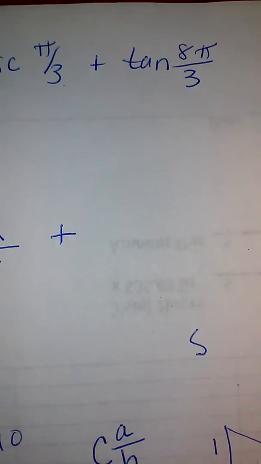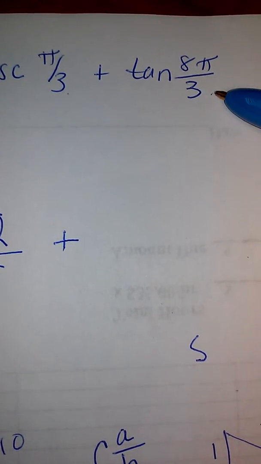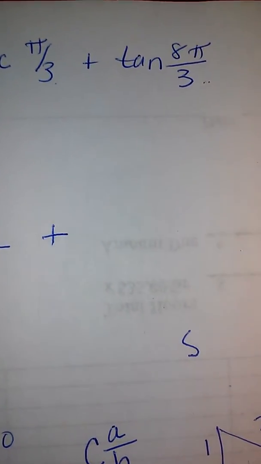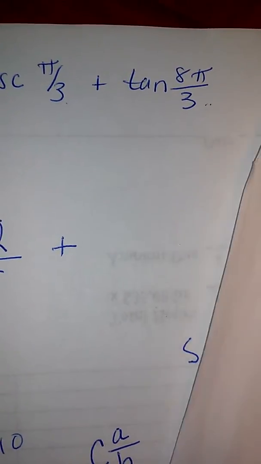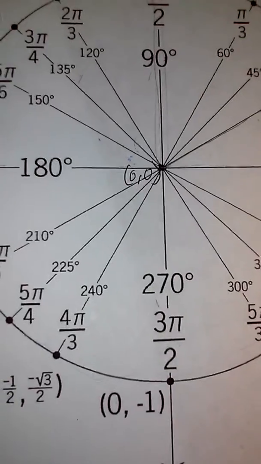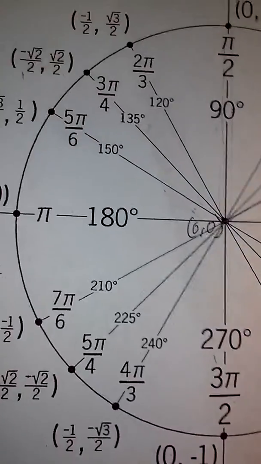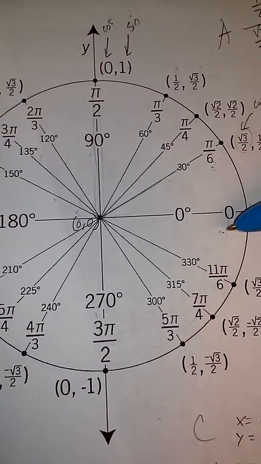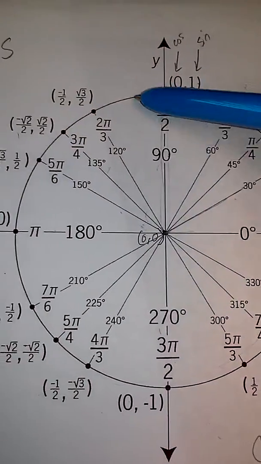I know that 9 pi over 3 would be 3 pi, so for 8 pi over 3, let's see if we can go around the unit circle. 6 pi over 3 is once around, going the positive way.